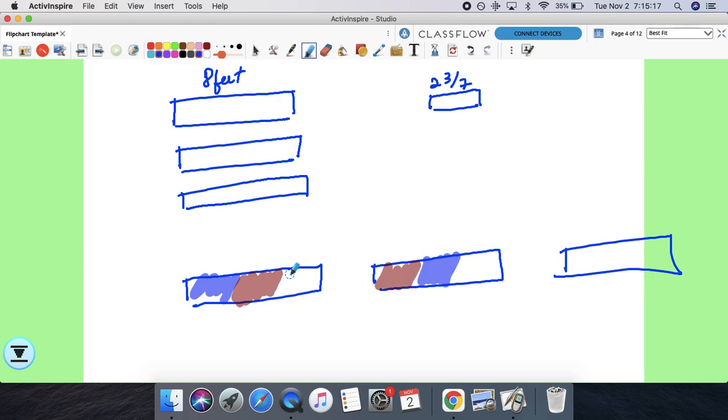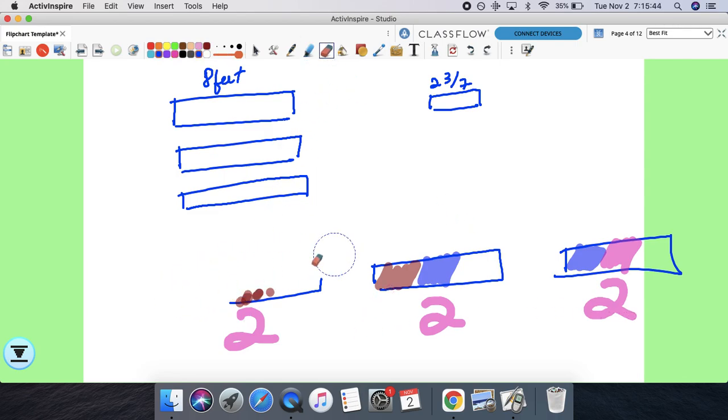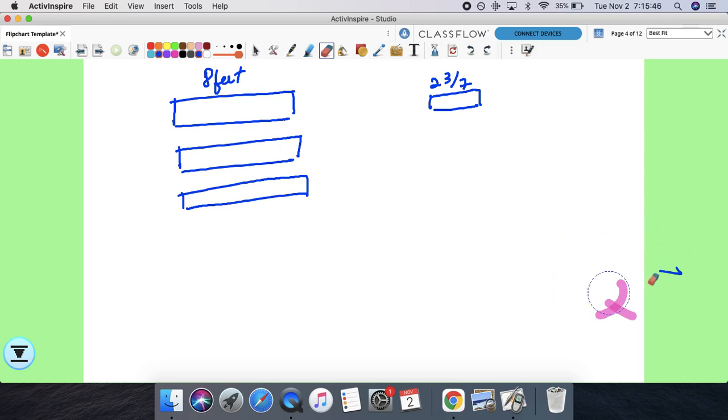So in this case, I would have 1, 2, 3, 4, and then on the last big board I can cut 2 and 3 sevenths, 2 and 3 sevenths, and let's say, again as an example, that I can't cut another because I don't have enough. So my answer is 6, because on this big board I was able to cut 2 pieces, this one 2, the last one 2. So how you read this question is extremely important.